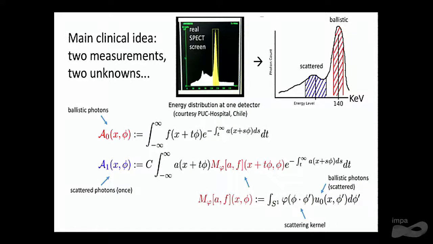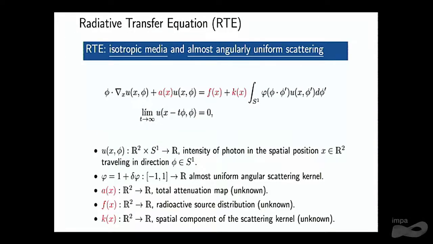In the case of SPECT, you are not considering this problem. You need to know the scattering kernel, and this is related to what type of scattering you have, for instance spherical particles. If you add scattering, you have another measurement, but more parameters to determine. So in order to avoid that, we will suppose some assumptions.